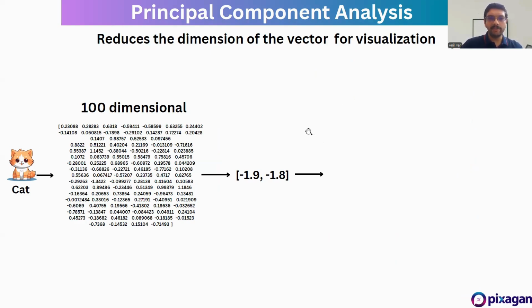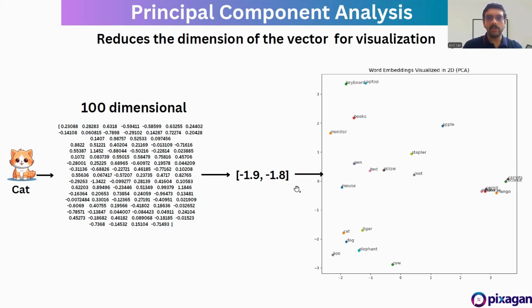But it's basically converting this large 100-dimensional vector into its two main components that capture the essence of what was there. We've run this for all these words, and it converts them into 2 points, which means we can now plot all the words on a two-dimensional plot.